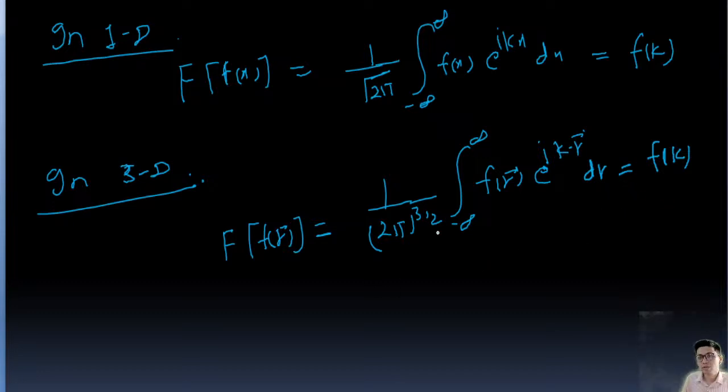So this is the Fourier transform in 1 dimension, and this is the Fourier transform in 3 dimensions. These are the Fourier transform definitions.